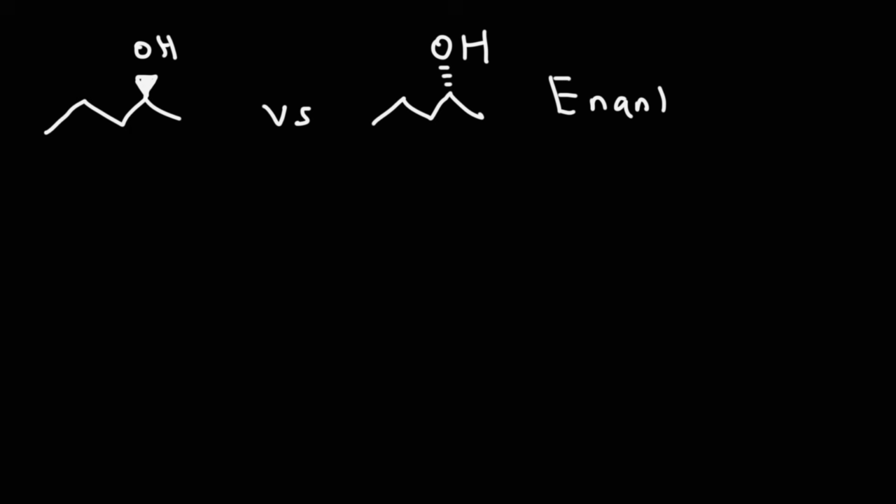Now, what would you say is the relationship between these two compounds? Now, these two compounds are what is known as enantiomers. Enantiomers are a type of stereoisomer.